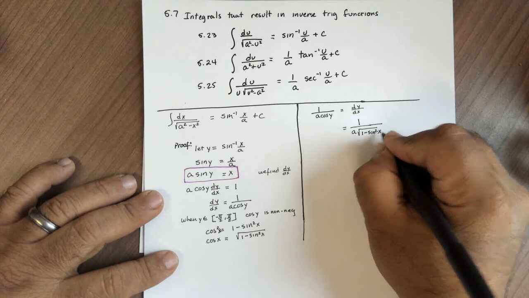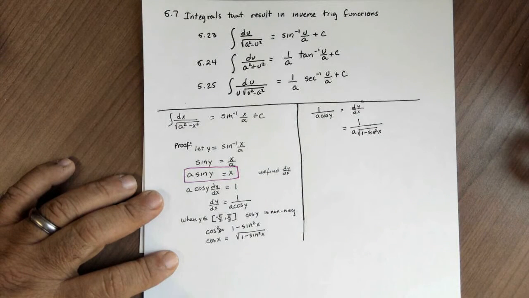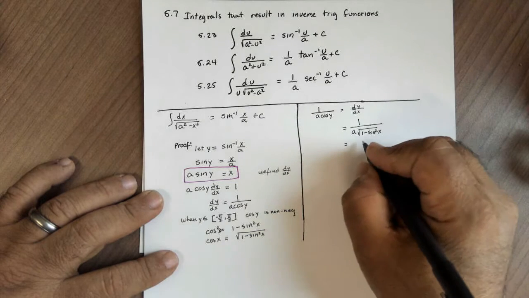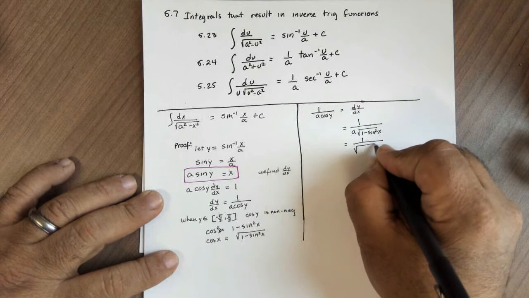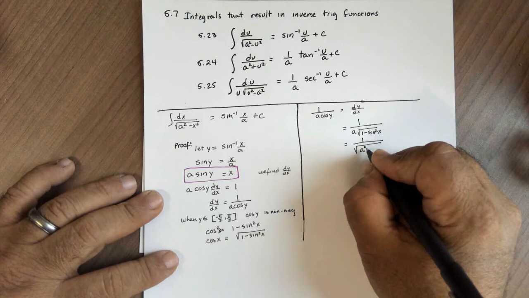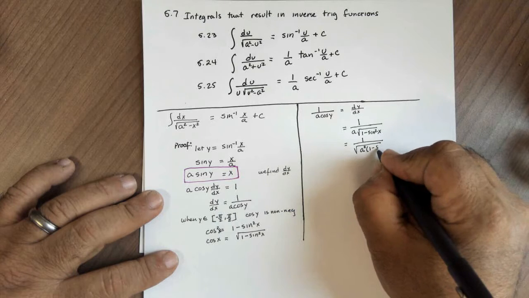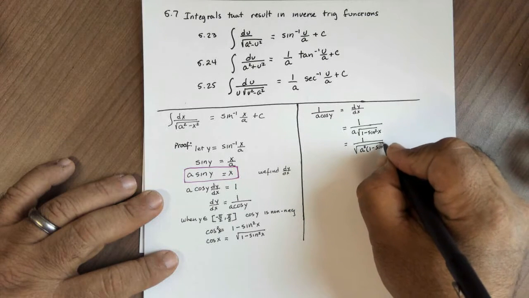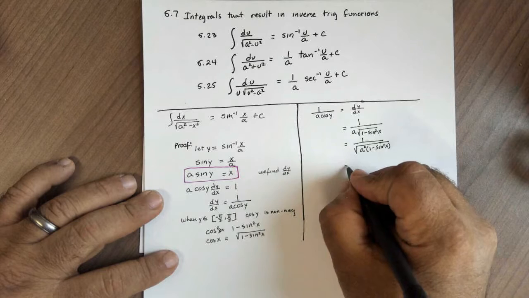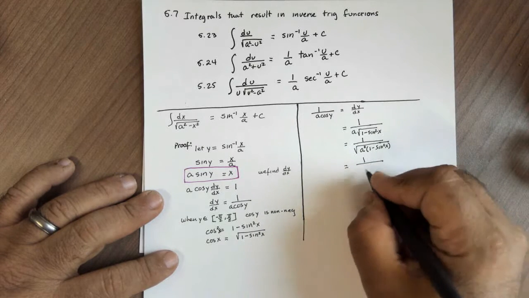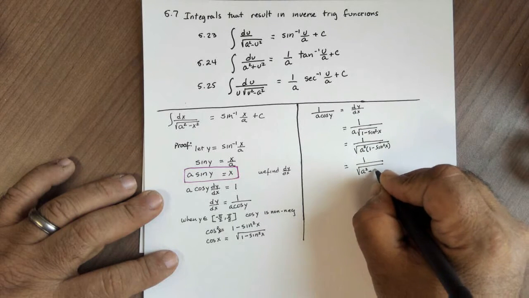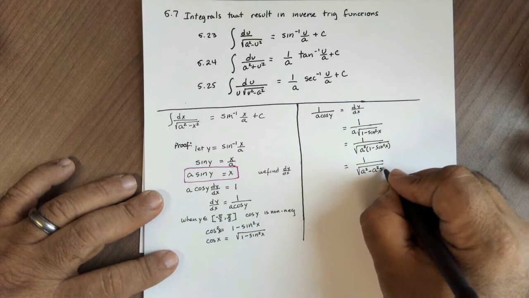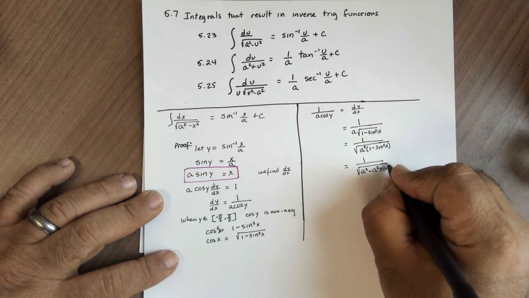Okay. Now, bringing the a inside, all I have to do is square it. So that's going to be equal to 1 over the square root of a squared times 1 minus sine squared of y, which is going to give me 1 over the square root of a squared minus a squared sine squared y.